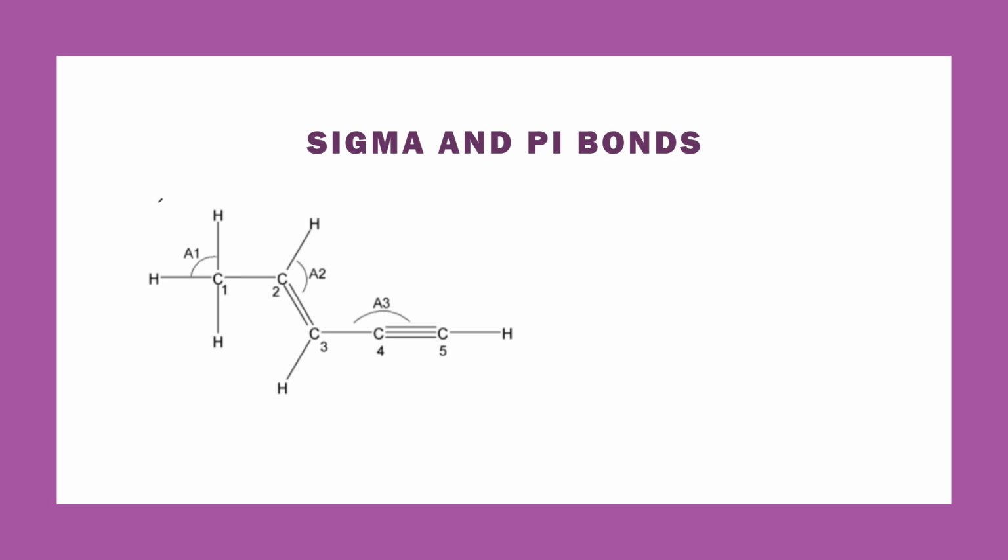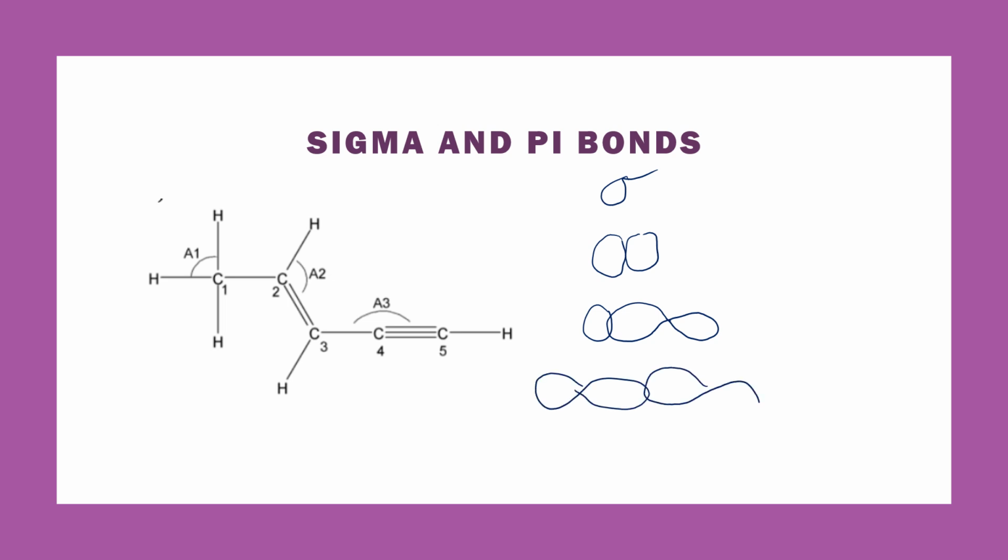So let's talk about sigma and pi bonds. Sigma bonds, which has this symbol, result from the end-to-end overlap of orbitals. So if you have an overlap of s orbitals, an s with a p orbital, or the ends of 2 p orbitals like this, where you have just one overlap, that's called a sigma bond.